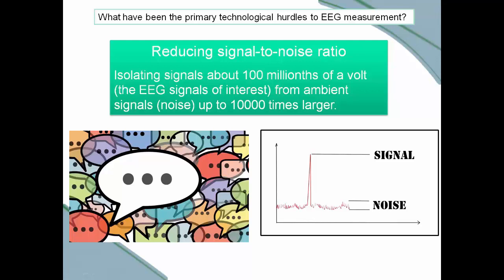You're just not going to amplify the EEG signal. So you must have some way of knowing where the signal is, that is the information, what you want to hear, versus everything else, which is noise. How do you separate the two? And that then became the number one issue in EEG technology and measurement. And that's where we are today.